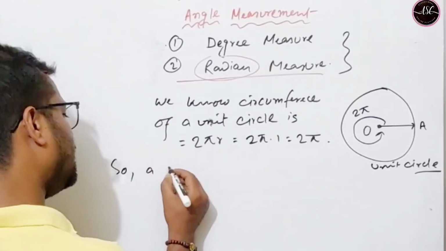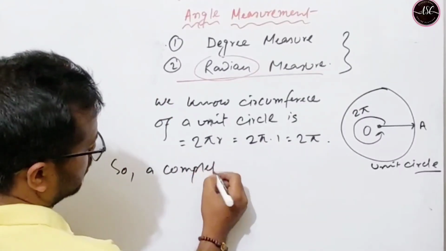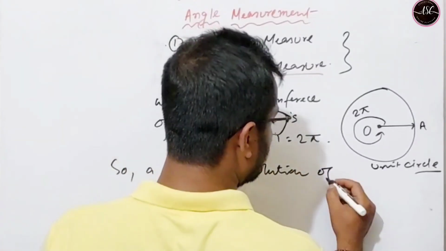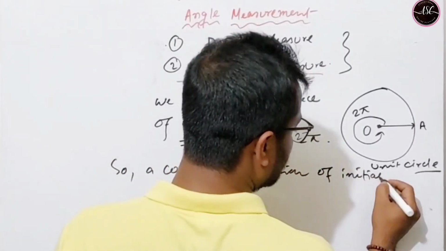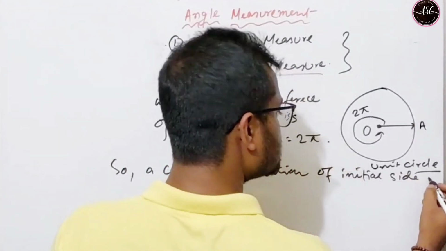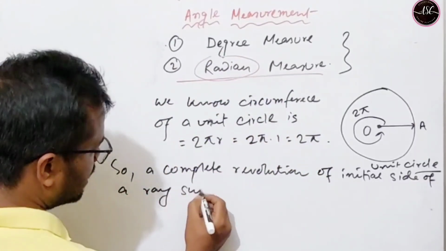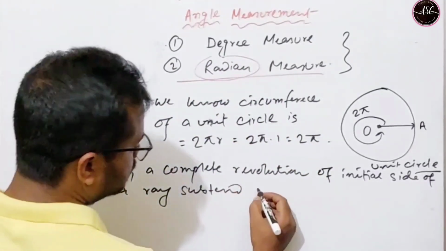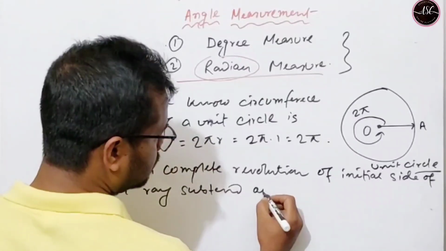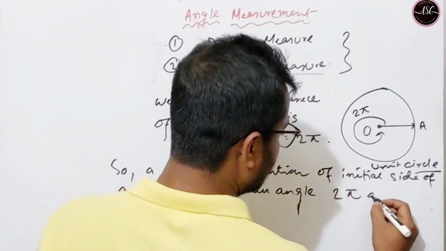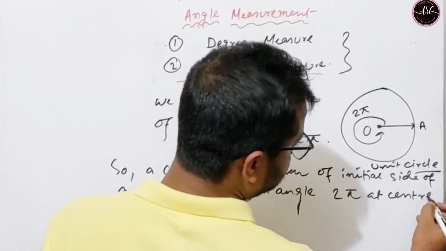So a complete revolution of the initial side of a ray subtends an angle 2 pi at the center.